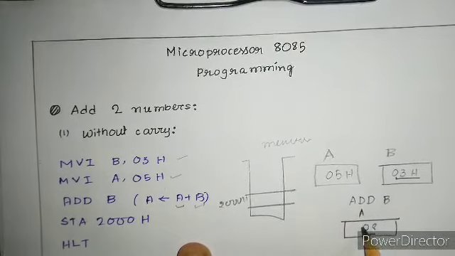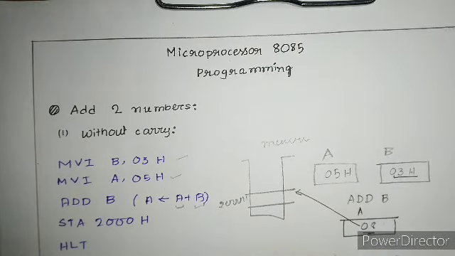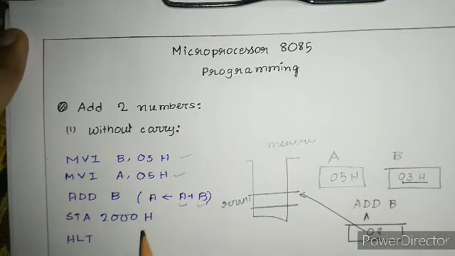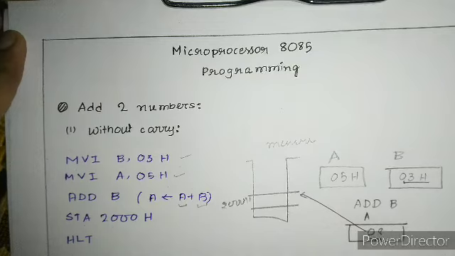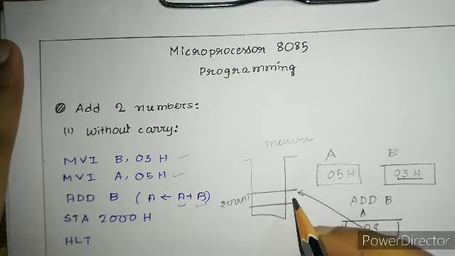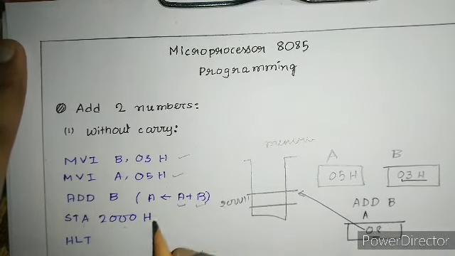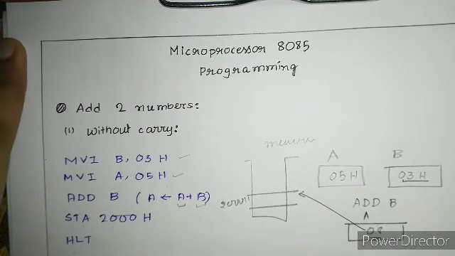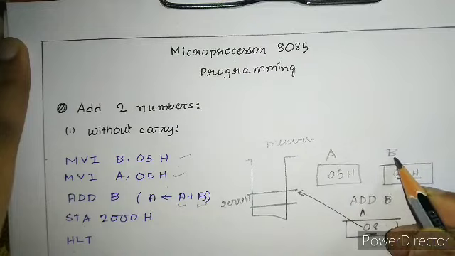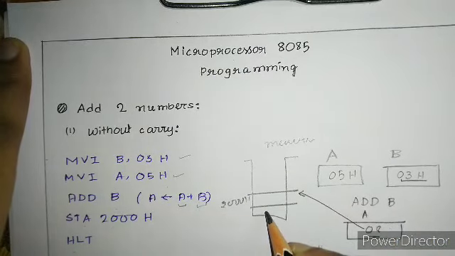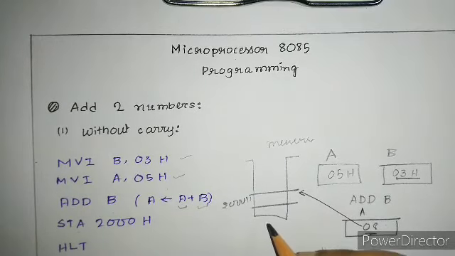You want this result at this particular memory location. What will we do? STA 2000H. STA is store accumulator, meaning whatever value is in accumulator, store that in this particular address. Okay, and when we want to end the program, we write HLT. Is it clear? So we have taken two numbers at two different registers, added them, got the result, stored it at a particular memory location, and here our program ends.